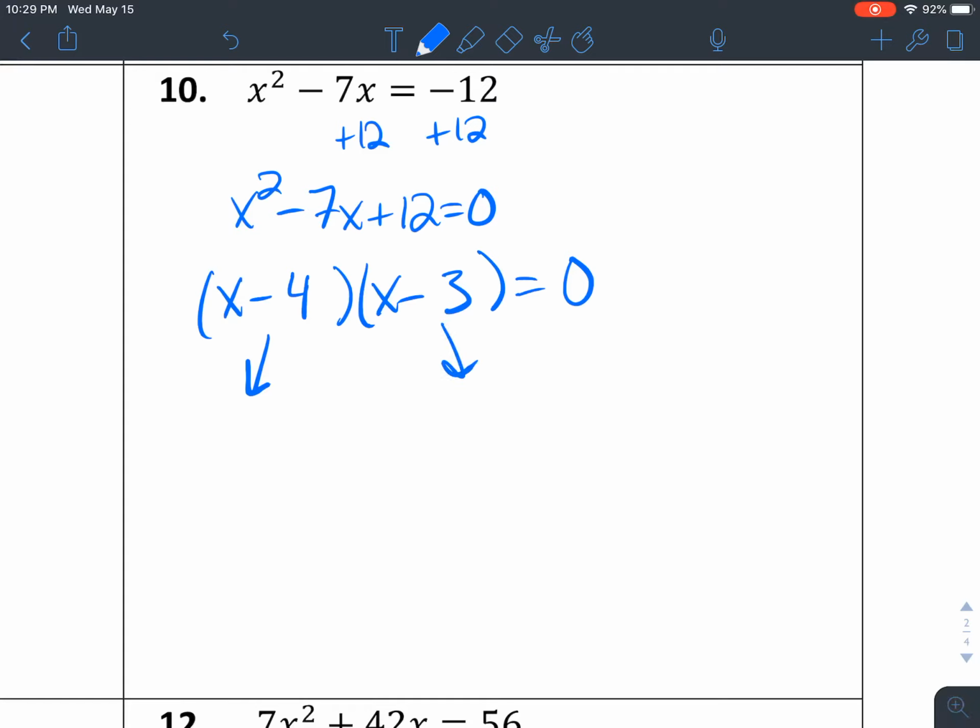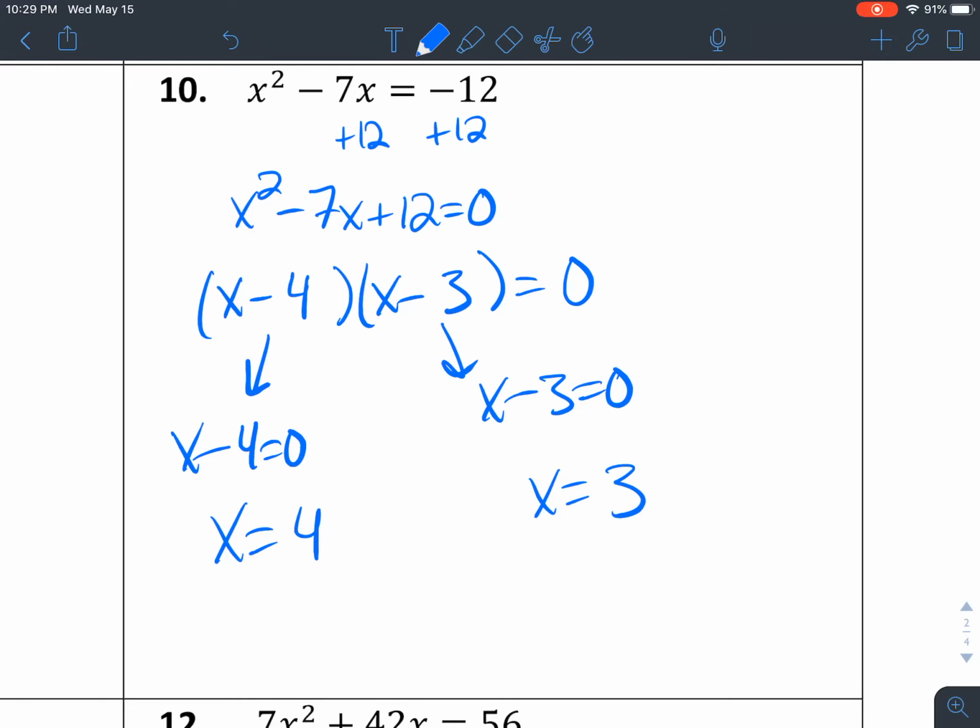So ZPP then tells me that either x minus 4 equals 0 or x minus 3 equals 0. So my two solutions are positive 4 and positive 3. Which again, if you did quadratic formula, you would get that same solution. Just, the steps in between would look different.